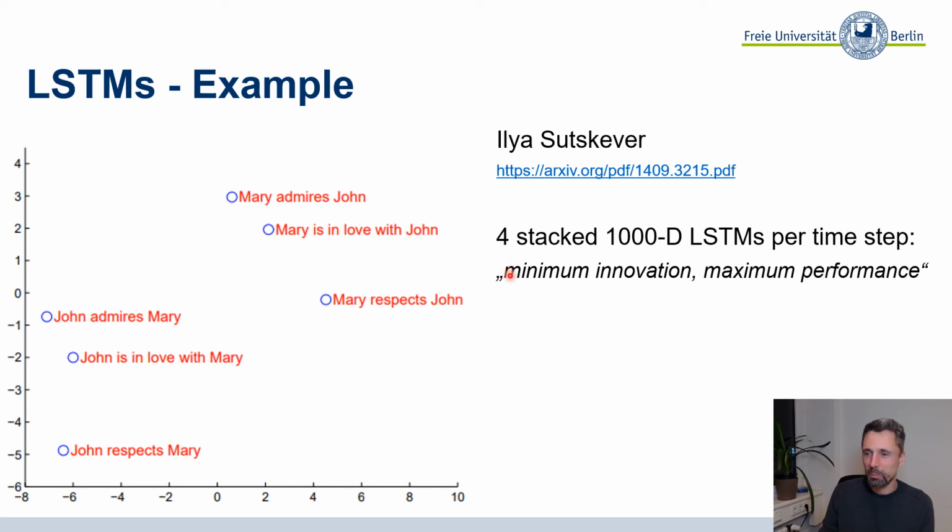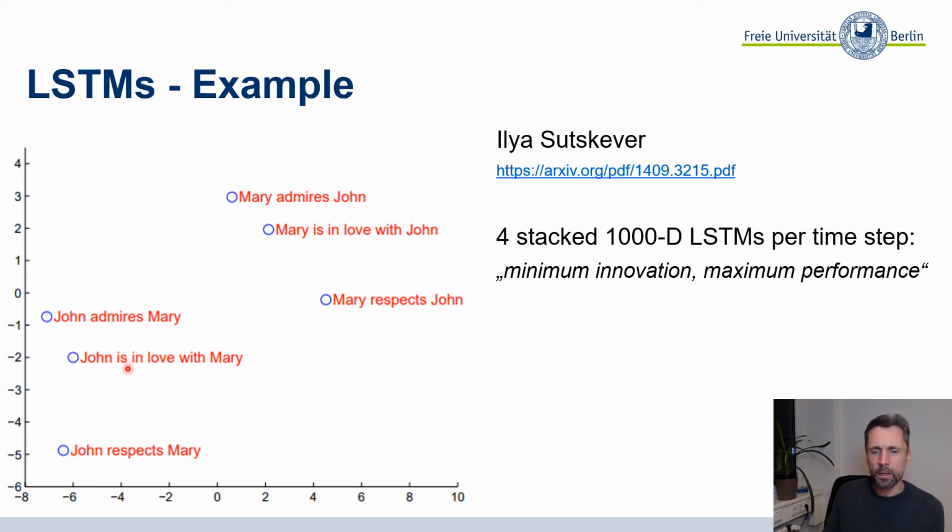It is just a huge LSTM: they stacked 4 LSTMs with a 1,000-dimensional hidden state, which, as he states himself, is minimum innovation and maximum performance. But that's not what I wanted to say. The cool thing here is to look at these 3 pairs of sentences. Mary admires John, Mary is in love with John, and Mary respects John. And turning people around, John admires Mary, John is in love with Mary, and John respects Mary.